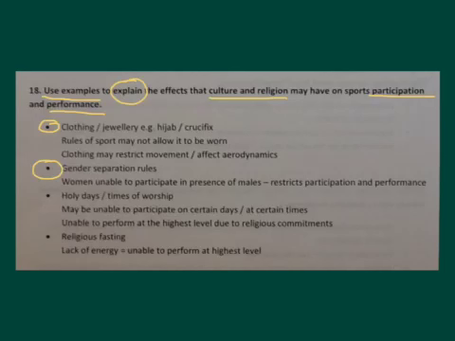We've then got holy days or times of worship, so there might be specific times when people are not able to commit to taking part in sport because of their religious commitments, and possibly not able to take their performance to a higher level because of when that sporting event might take place. And then finally we've talked about religious fasting, so we have talked about Ramadan as an example of that, leading to a lack of energy or being unable to perform at your best.